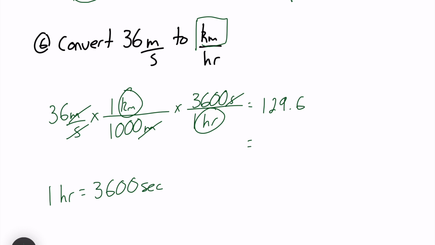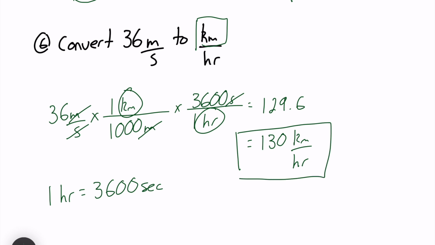Let's take a look at sig figs here. You should round up to 130 kilometers per hour. Okay, so we have 36 meters per second is equivalent to 130 kilometers per hour.